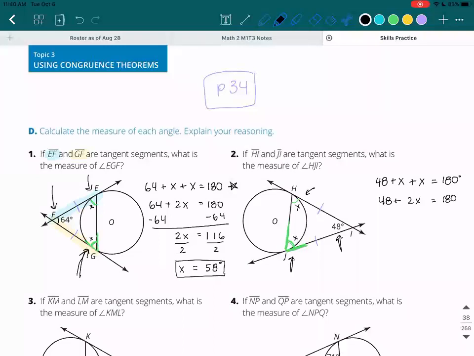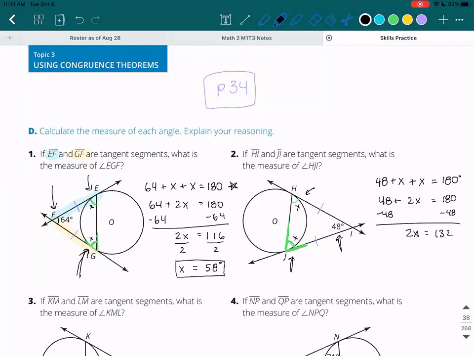Okay, and then what can we do to get rid of the 48? Add it, subtract it, what is it? Subtract it. Yes, subtract it. So we're going to minus 48 on both sides. And we get 2x is equal to 132. And then how do we get rid of the 2?